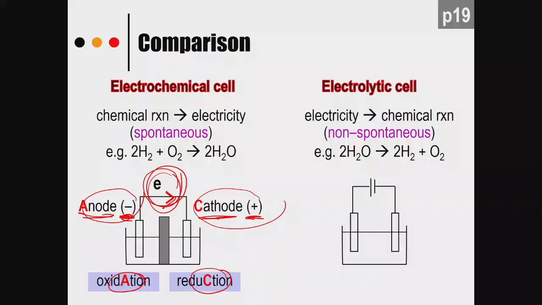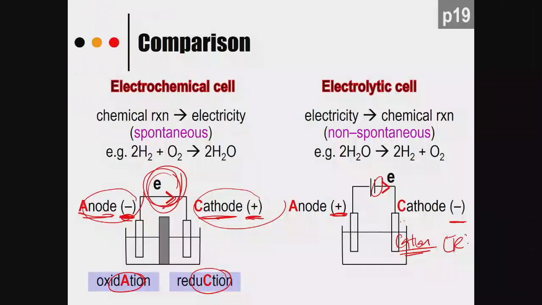But for electrolytic cell, it's different, because now I base it on the battery. If the electrode is connected to the negative end, it is the negative electrode. Electrode connected to the positive end will be the positive electrode. Recall, your cation will be attracted to the negative electrode, because cation is positively charged, and hence they undergo reduction.